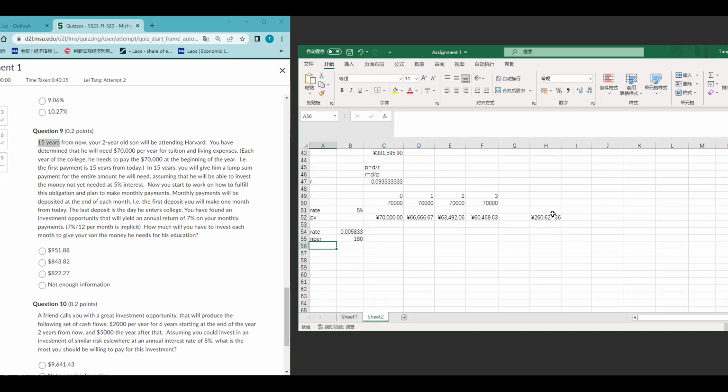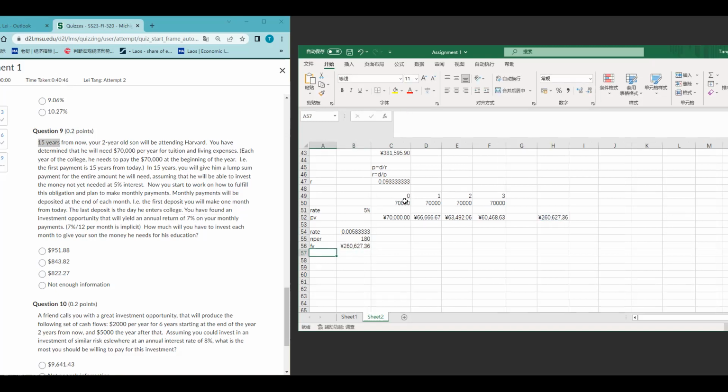And next, we already know the FV is this money. This is our goal, right? So it's happening in the future, so everything is FV. So right now we use the PMT to balance the FV, so we use the PMT function. Here is the rate, there's the NPER.